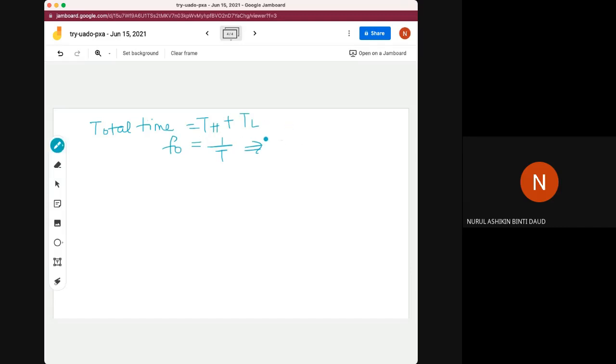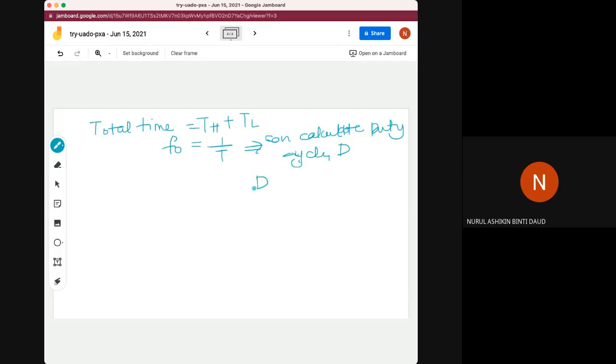You can also calculate the duty cycle, which is represented as D.